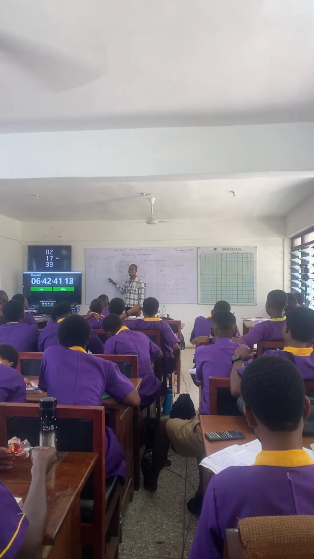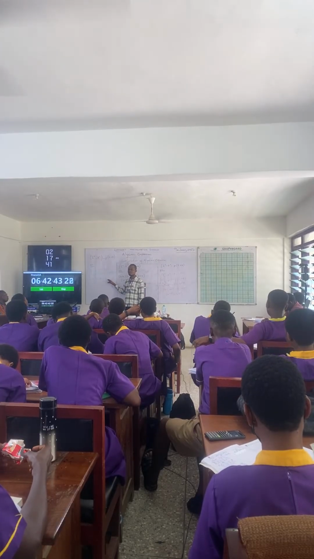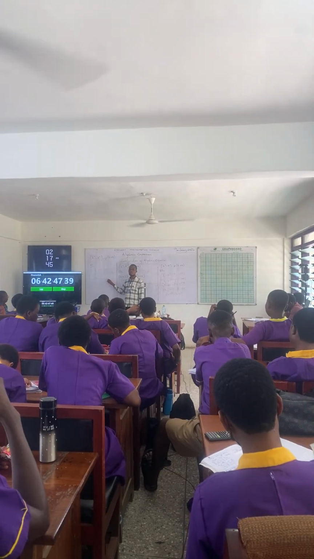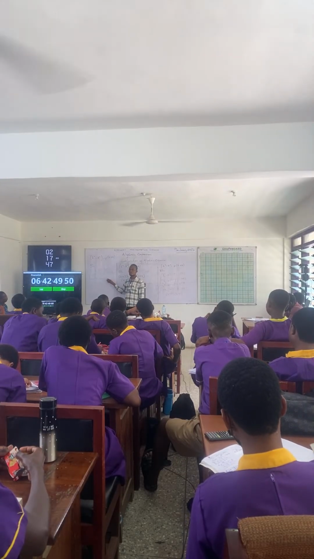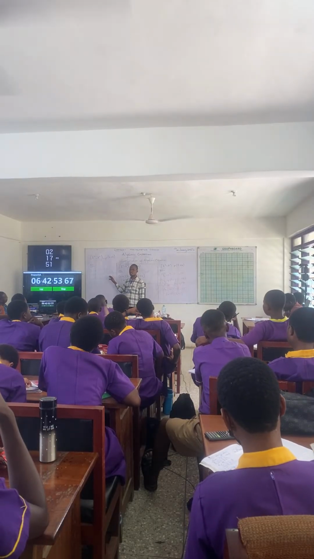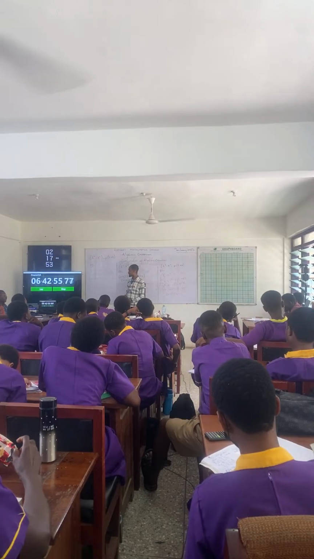Okay, so what's the method that he has skipped? He has not gone straight to the point of the expansion. So when given a factorize, you have to show the remaining terms before you write the final answer.